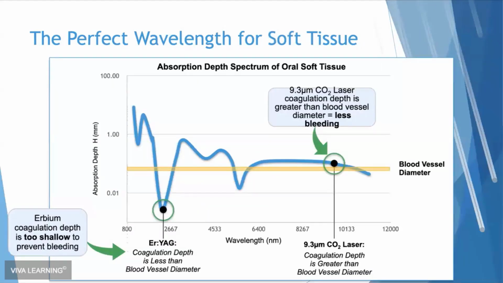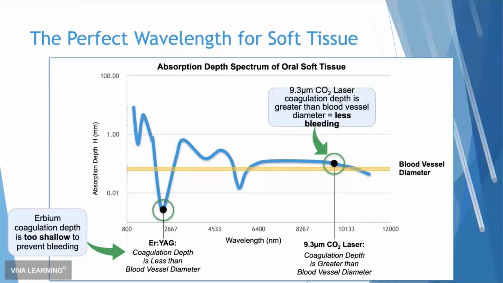As far as one slide on blood vessels and bleeding, because lasers are used to stop bleeding as well, I want to make one important point: this particular laser does not cauterize blood vessels. It more shrinks the collagen around the blood vessel, and that squeezes the vessel shut, if you will.